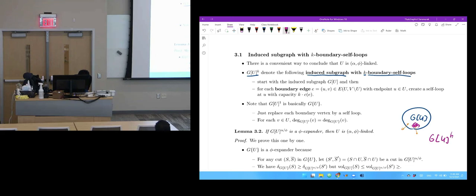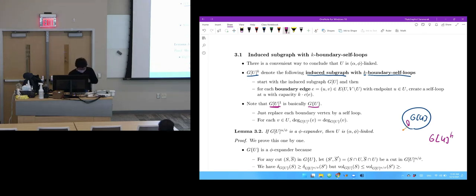For intuition, if you just add one self loop for every boundary edge, then this graph is super similar to the graph where you add one boundary edge.